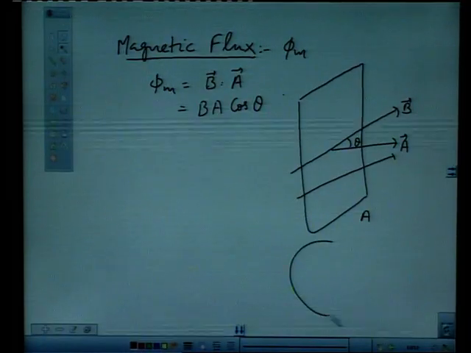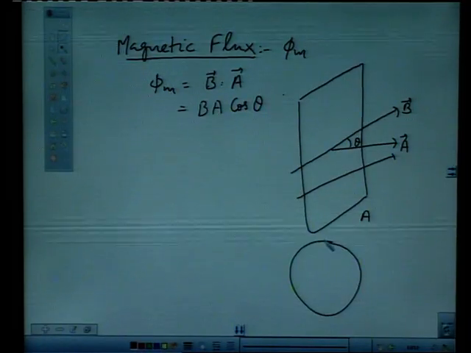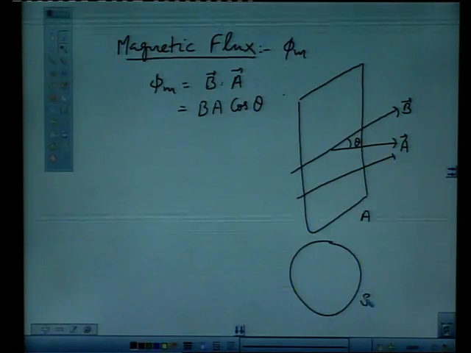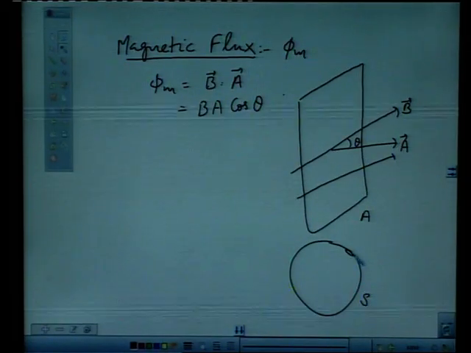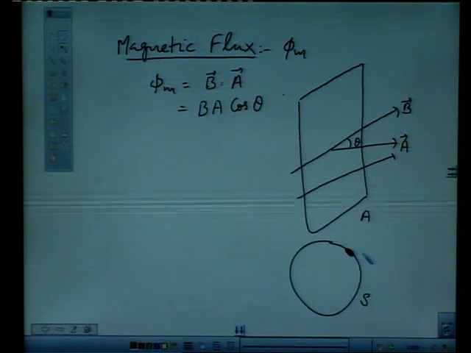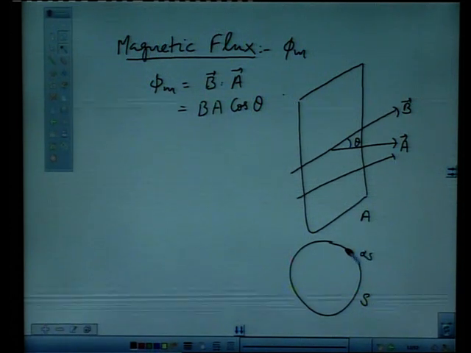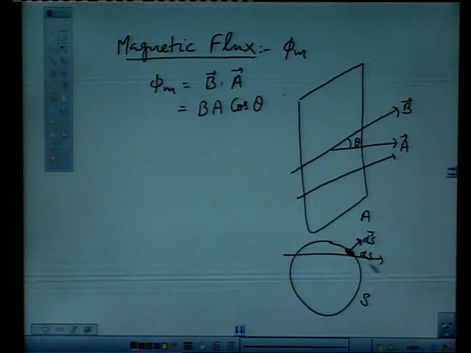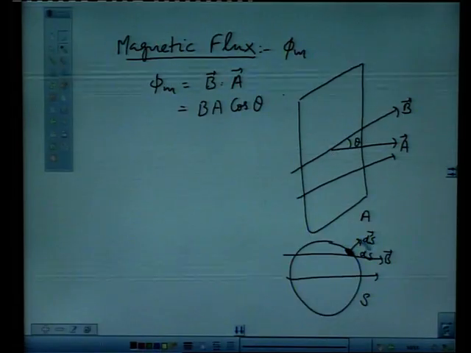Let us draw another diagram. Suppose we have a closed sphere and its total area is S, and we have a small segment of surface area dS, and its area vector is dS vector. It is also kept inside a magnetic field B vector. The angle between B vector and dS is theta.